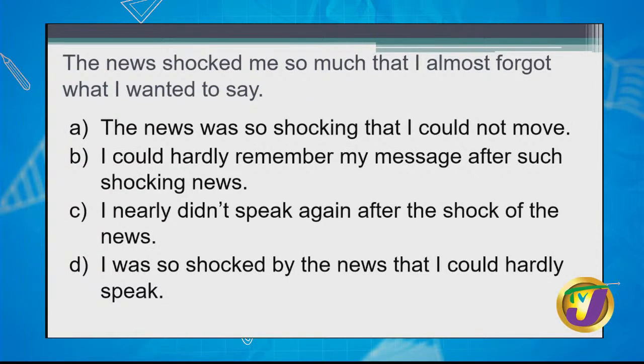The news shocked me so much that I almost forgot what I wanted to say. We've had those moments. A says, the news was so shocking that I could not move. B says, I could hardly remember my message after such shocking news. C says, I nearly didn't speak again after the shock of the news. And the last one says, I was so shocked by the news that I could hardly speak.